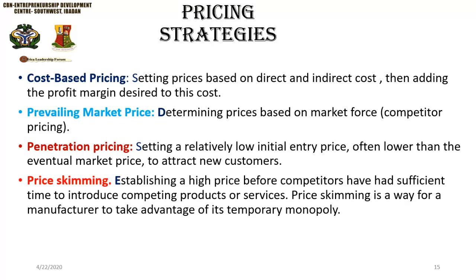The cost of production is X, for instance. You cannot sell at X price, because if you sell at X price, you may not be able to meet other expenses that you must incur. So you want to sell at X plus Y price. That extra Y price will cover some of your overhead cost.